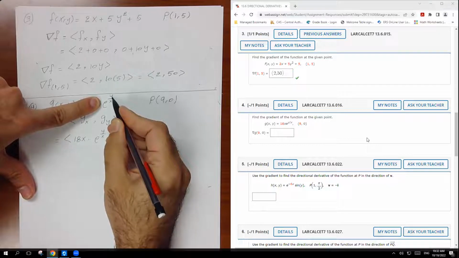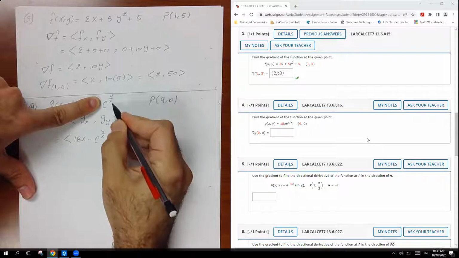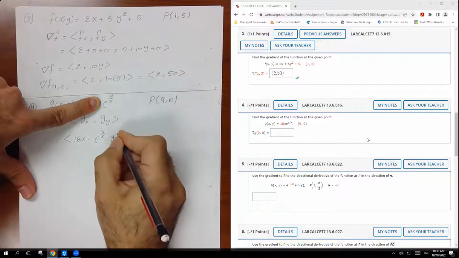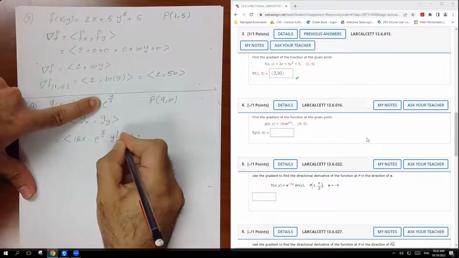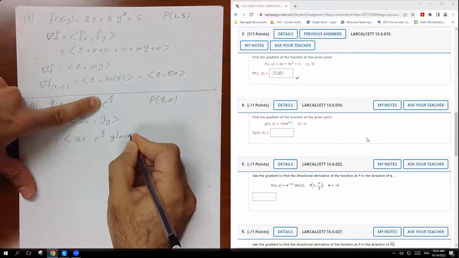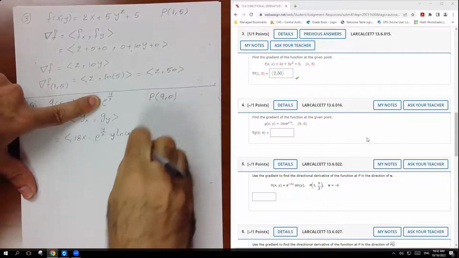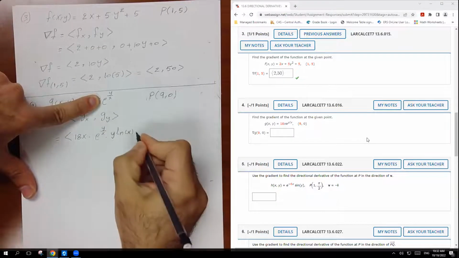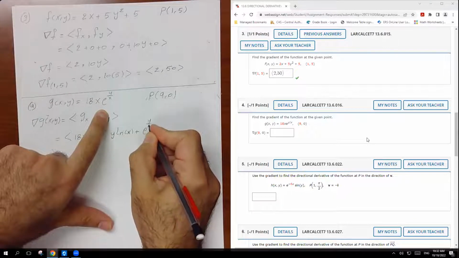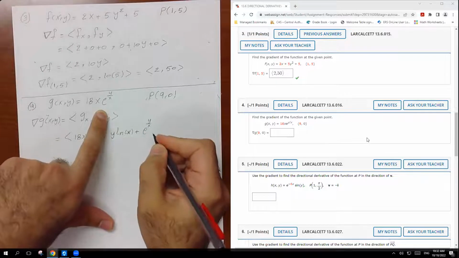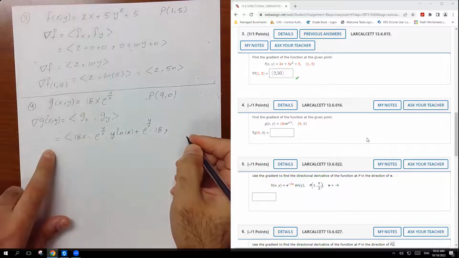The derivative of the exponent y over x is y times ln x. So you have to be careful. We didn't finish the first part. This one is going to be plus the second one, which is e to the y over x, using the product rule, times the derivative of the first one, which is 18.